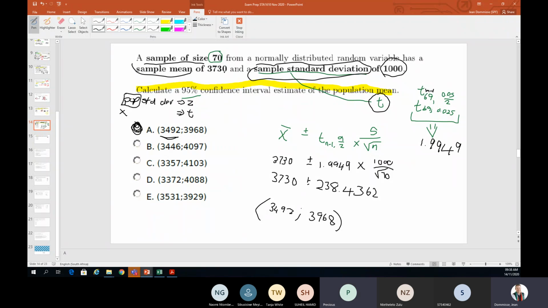Seldom will they tell you that you have a sample mean but a population standard deviation. So that will also not happen. They nearly need to say in the question if it is the population that you're working with or the sample. Okay, does that help a bit?